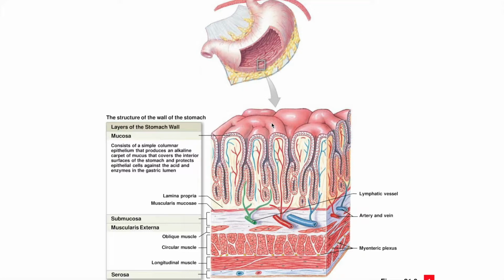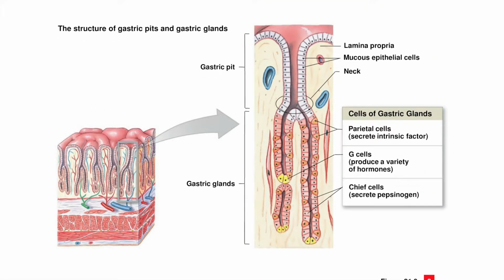And if we look closer, here's a close-up on one of these gastric glands. The G cells, also known as enteroendocrine cells, are going to secrete hormones. The chief cells down here are going to secrete pepsinogen. This is going to be converted into pepsin, which breaks down proteins in the stomach.